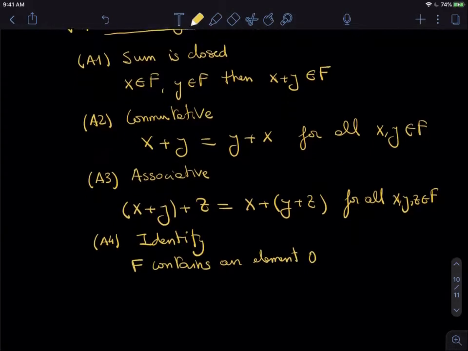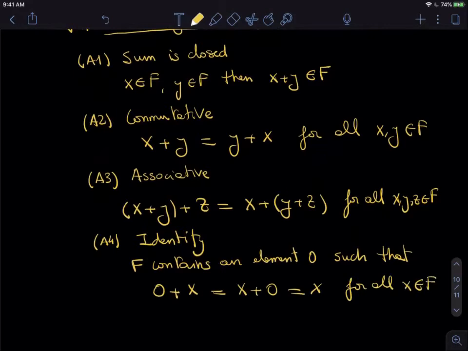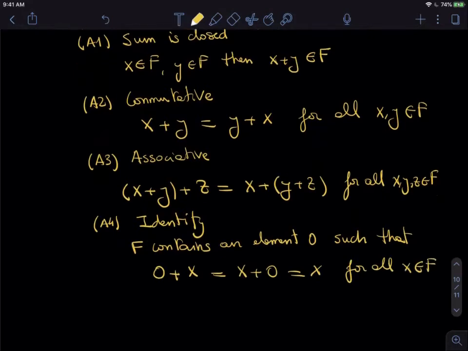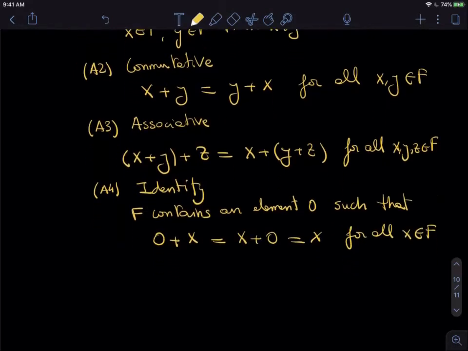Doesn't necessarily mean the 0 we are used to. Okay, but it has to satisfy this property such that 0 plus x equals x plus 0 equals x for all x in F.